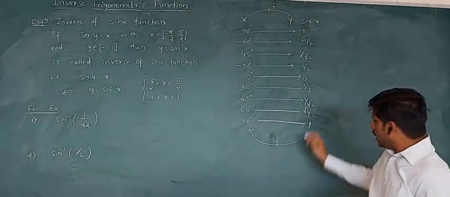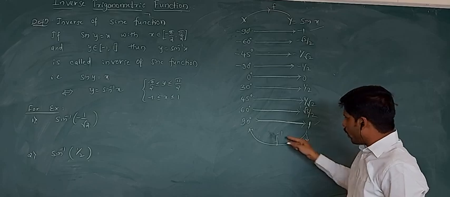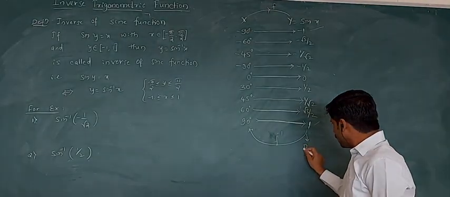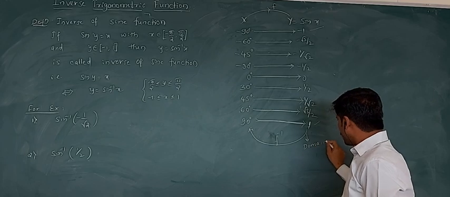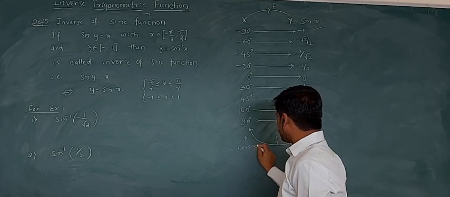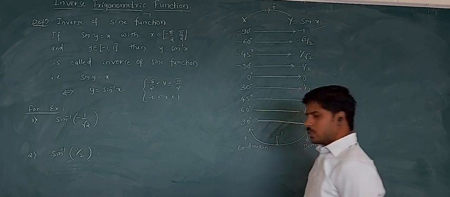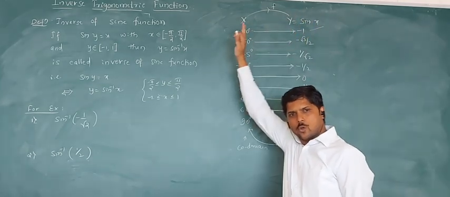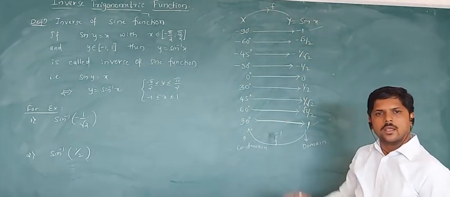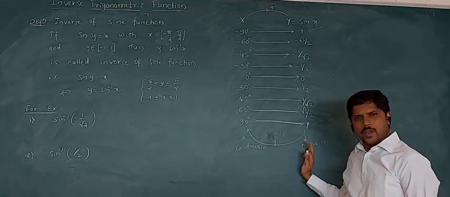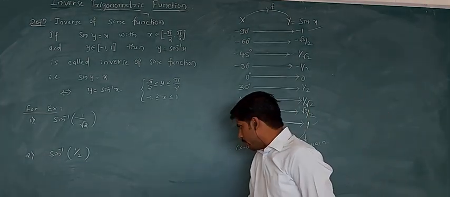In the inverse function, y will act as the domain and x will act as the codomain. In the function f from x to y, x is the domain and y is the codomain. In the inverse f inverse, y is the domain and x is the codomain.